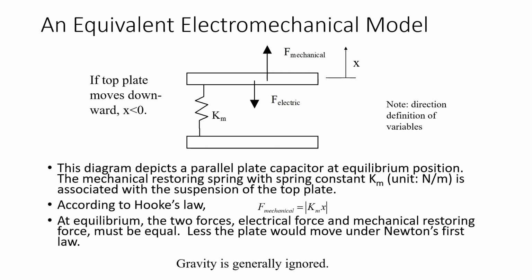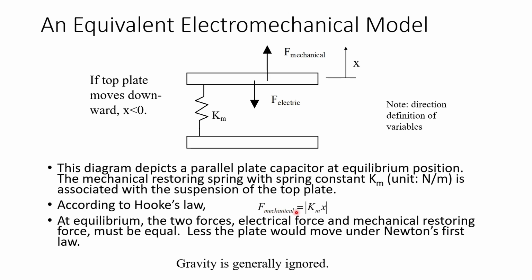The equivalent electromechanical model is such that you have an electric force created by a capacitor, and then it is counteracted by a mechanical force. The mechanical force is equal to Km, which is a force constant, multiplied by the displacement x.